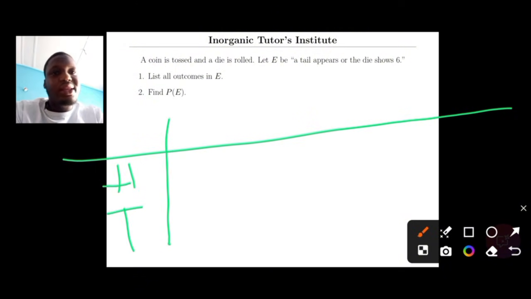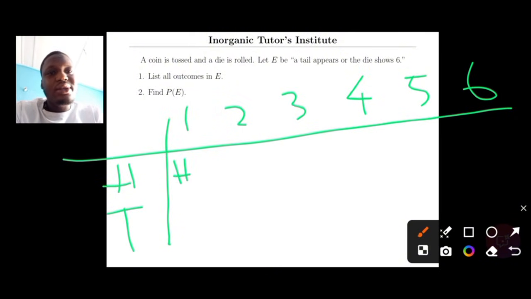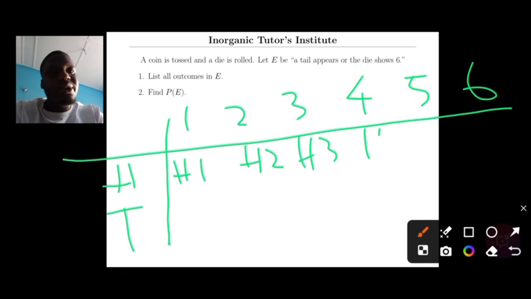So let me put my coin here and let me put my outcomes for the die here. So we have H1, H2, H3, because we are doing both of them, so they can all happen.